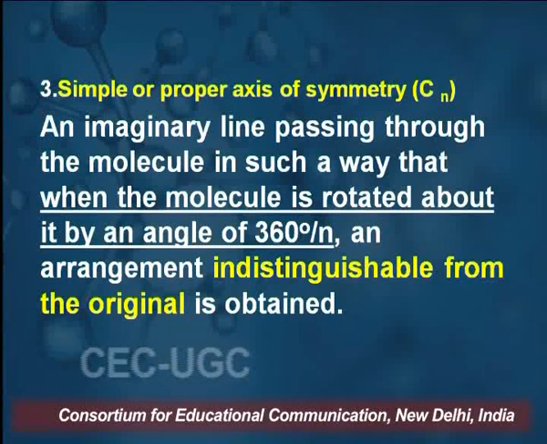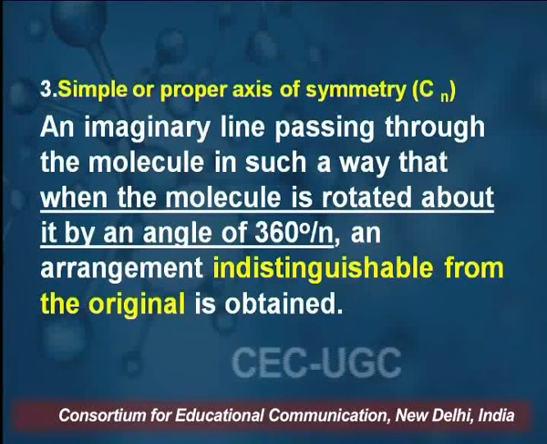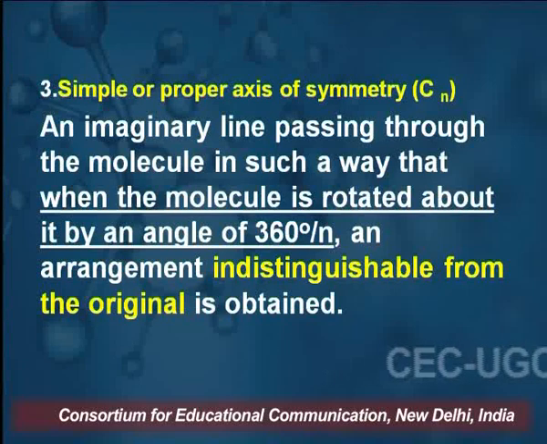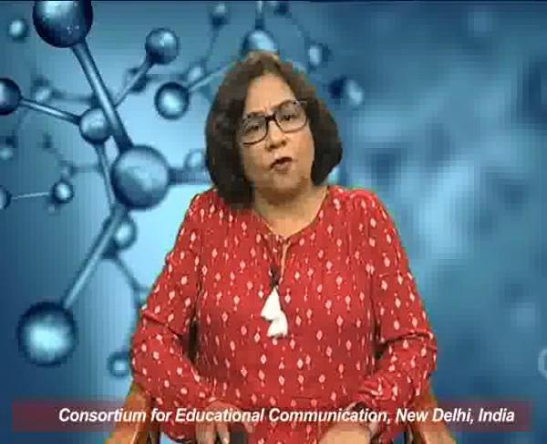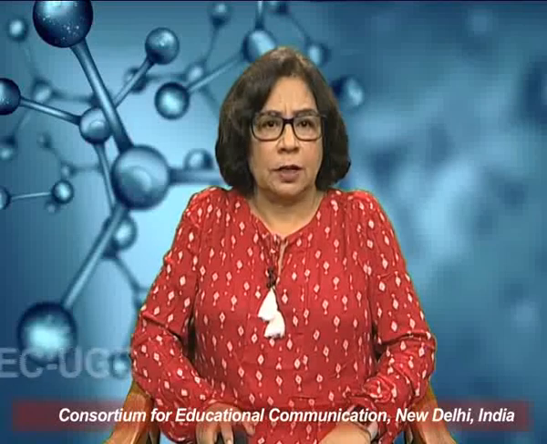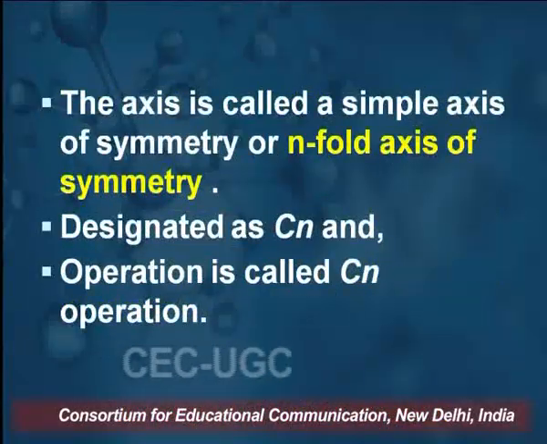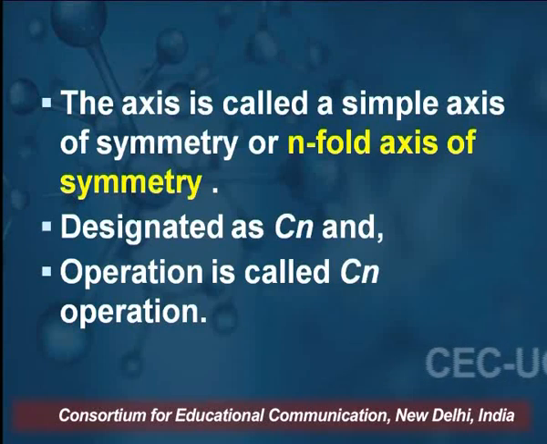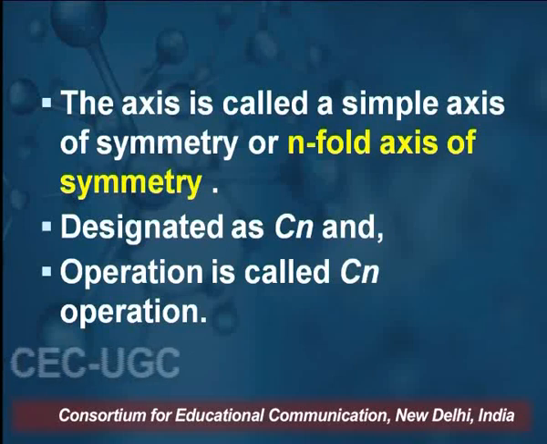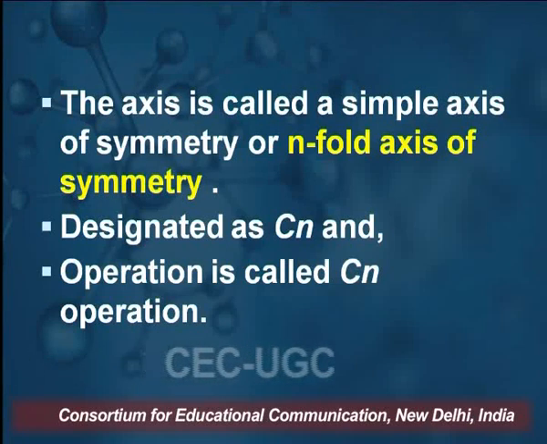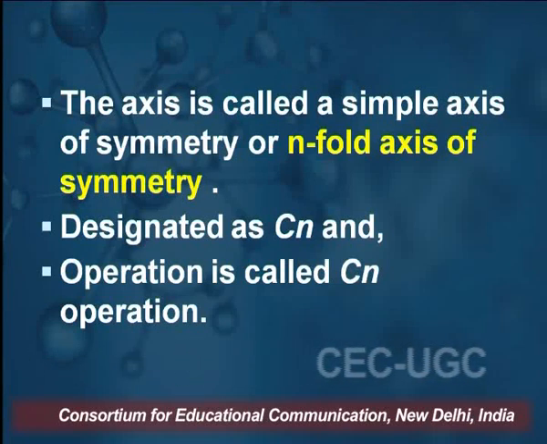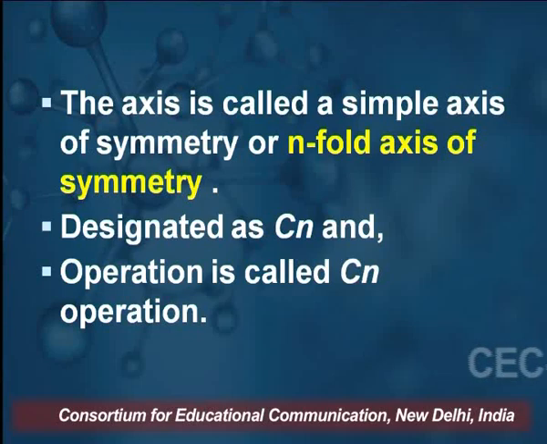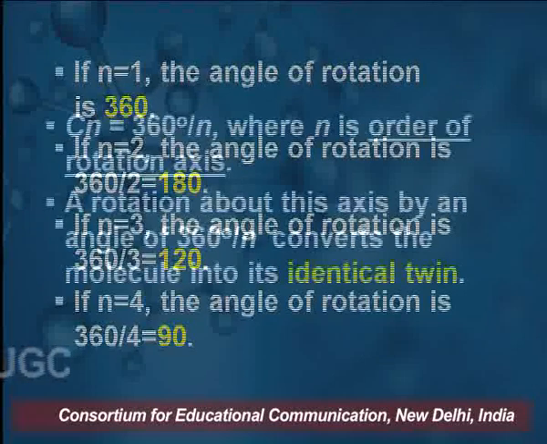And if it is occurring 4 times, then we will say the molecule has a 4-fold axis of symmetry. So now let us demonstrate. This axis is called a simple axis of symmetry or n-fold axis of symmetry, and as I have already said, this is designated as Cn, and the operation is called the Cn operation.